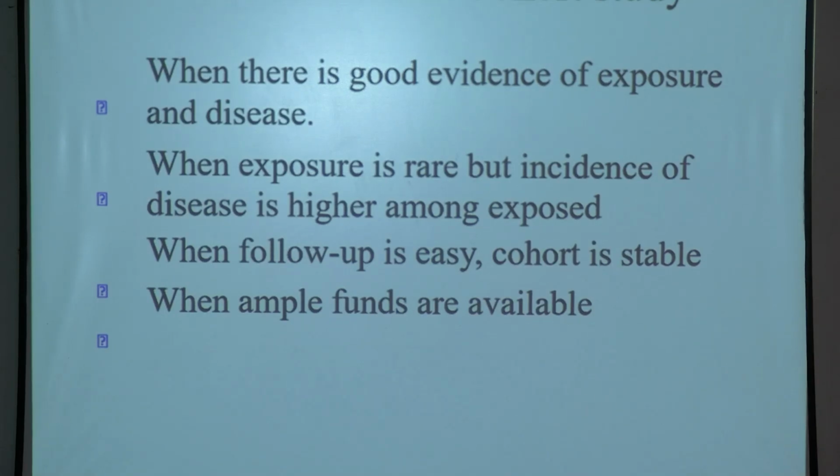Here you need to follow the person up for 5, 10 years, whatever it is. Then it is stable. Otherwise, there will be loss to follow-up, deaths, missing, etc. And again, when ample funds are available, you need funds for doing it. It's not easy. Case control is easy. Just pick up a case, get control and do it. This you need follow-up, you need funds.